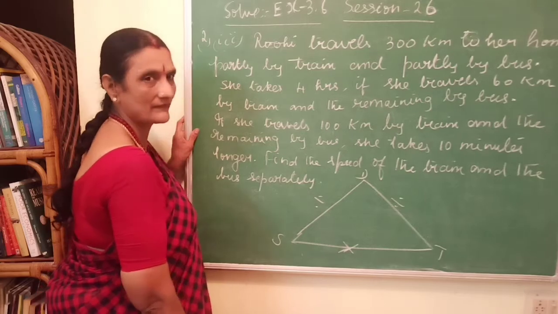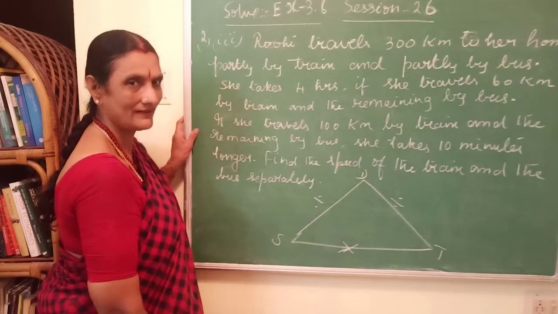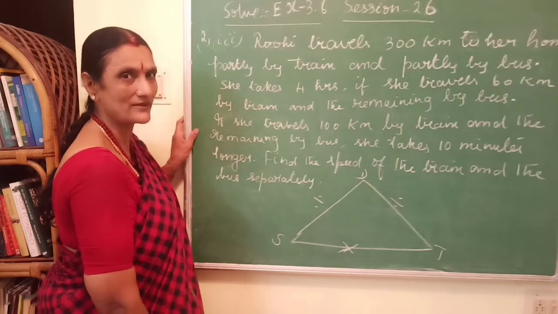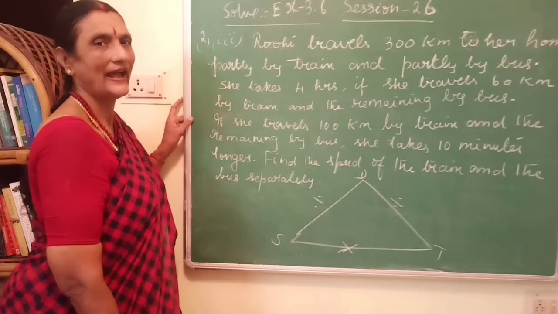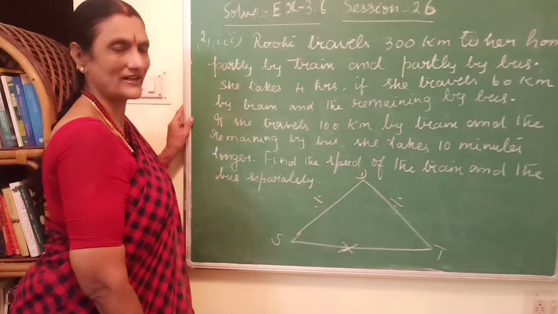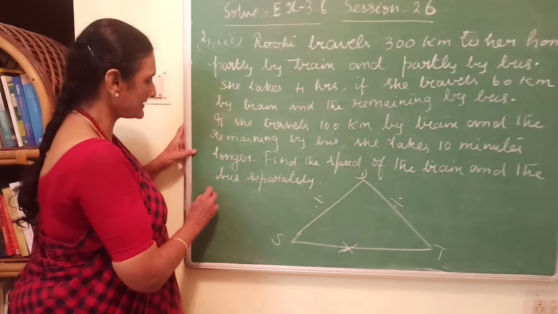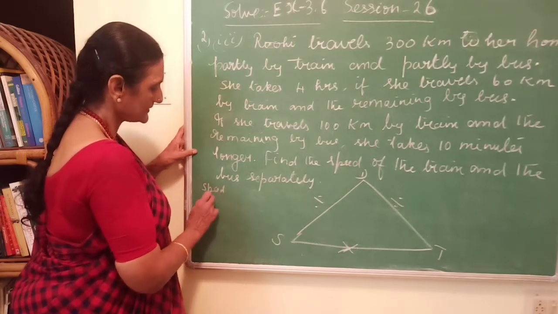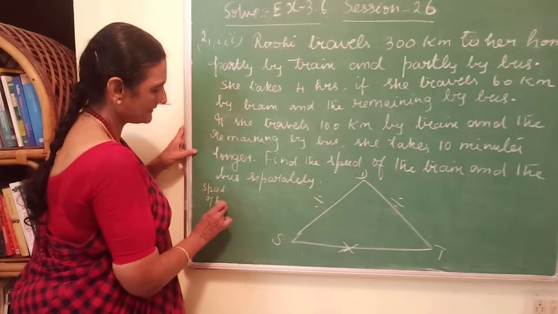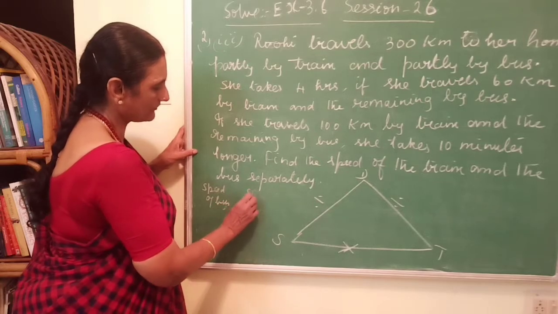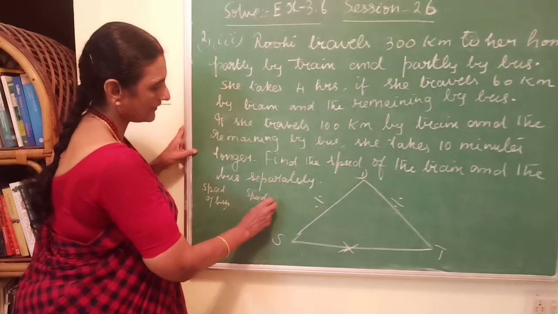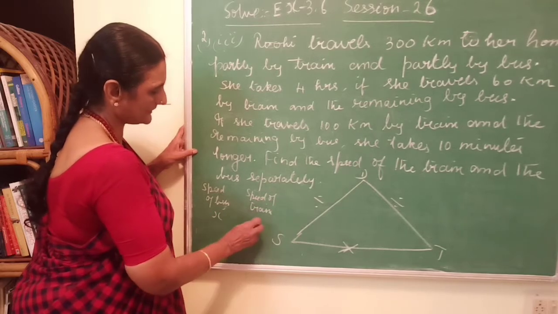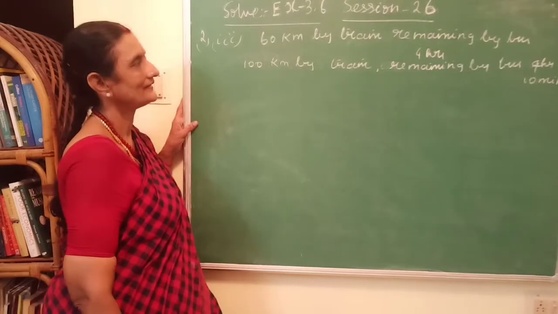Okay. Now we are going to take the different speeds, in other words, the speed of the bus and the speed of the train, as x and y. Are you understanding? Let the speed of bus and the speed of train be assumed.